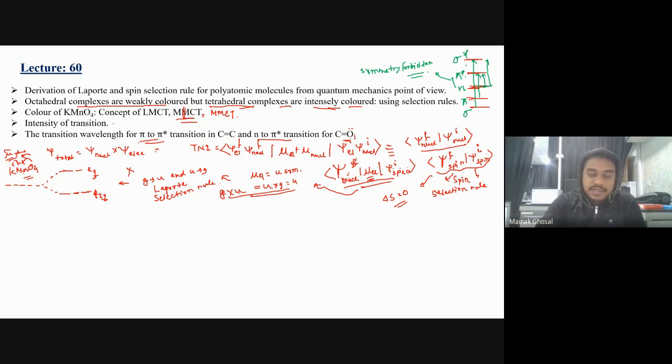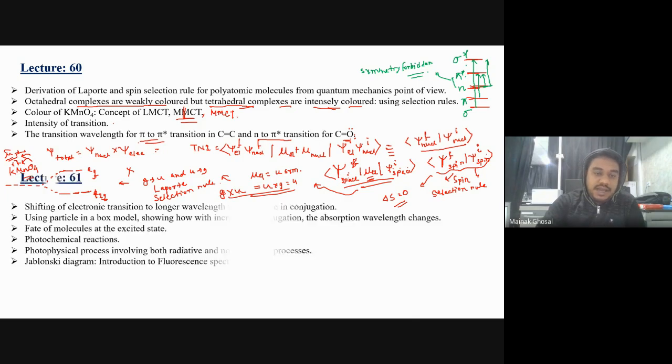Okay, so this was the discussion for lecture number 60, and in the last lecture, Professor Bakshi explained that the electron transition shifts to a longer wavelength with increase in conjugation.